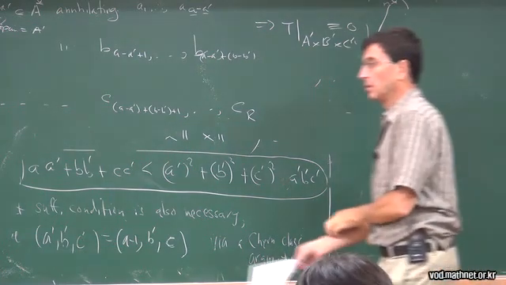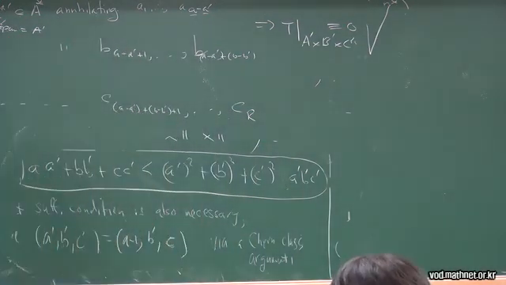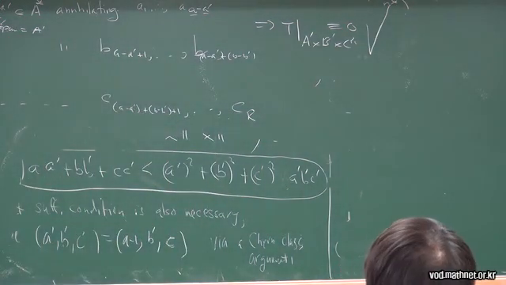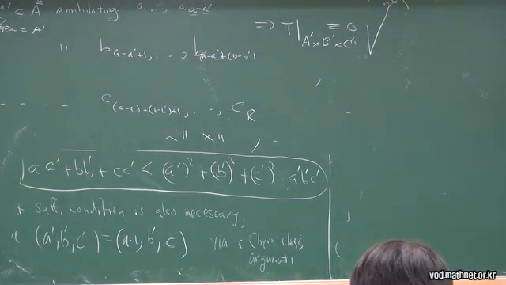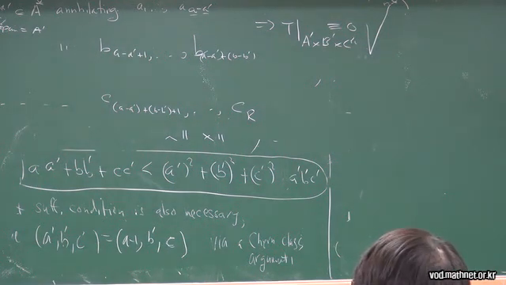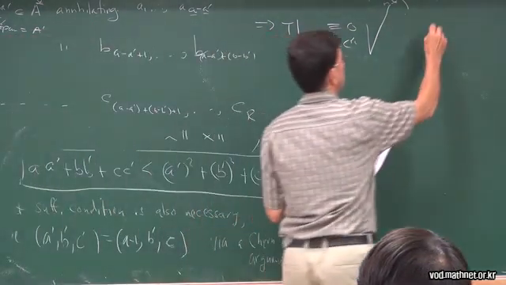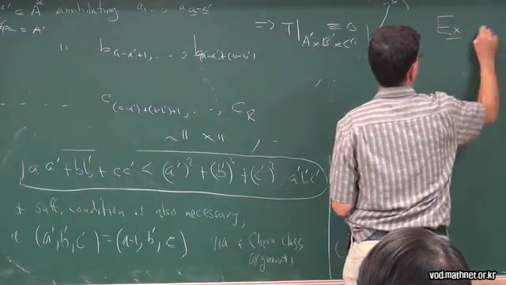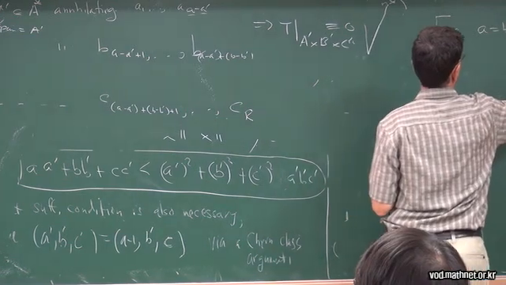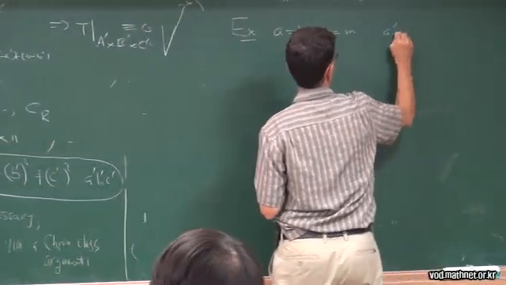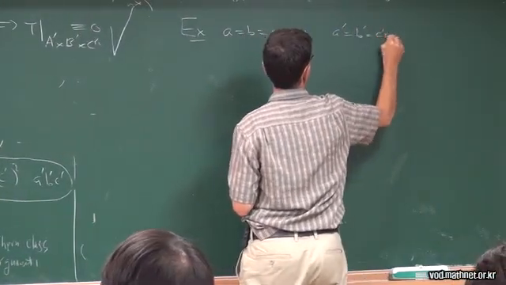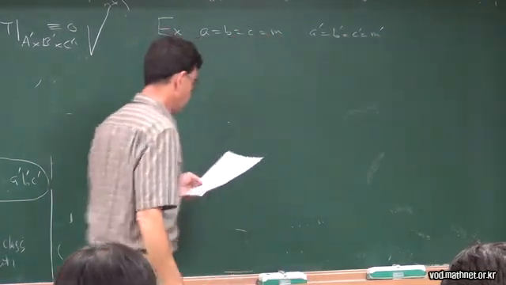So, any questions? So let's go back to the case A equals B equals C equals M. Let's write A prime equals B prime equals C prime equals some M prime.